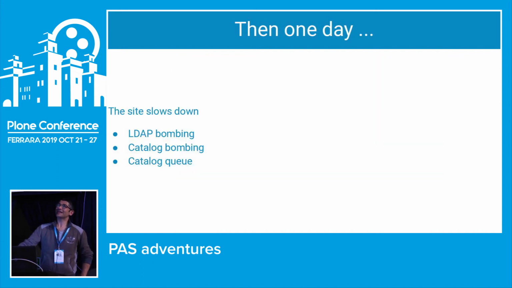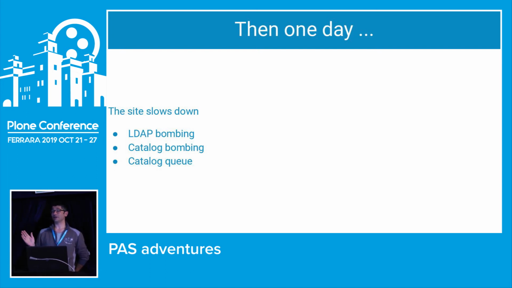But then one day, as usual, when you go live on your system, after some time the site slows down. Why does the site slow down? Because the user base was growing, and the number of workspaces that the users were using was growing. That was causing, for example, many repetitive calls to LDAP, which is a really great service.